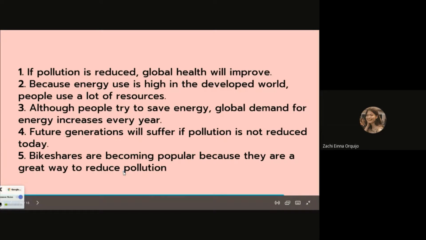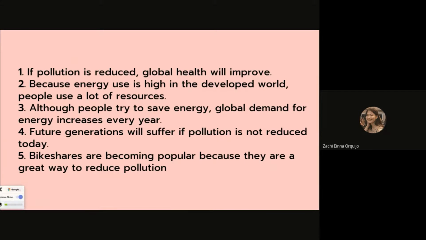So again, kapag may nakita po tayong cause sa isang sentence, we underline it once. Pero pag effect ang nakita natin or bunga, we underline it twice. So I'm giving you 1 minute to do this activity. Time starts now.